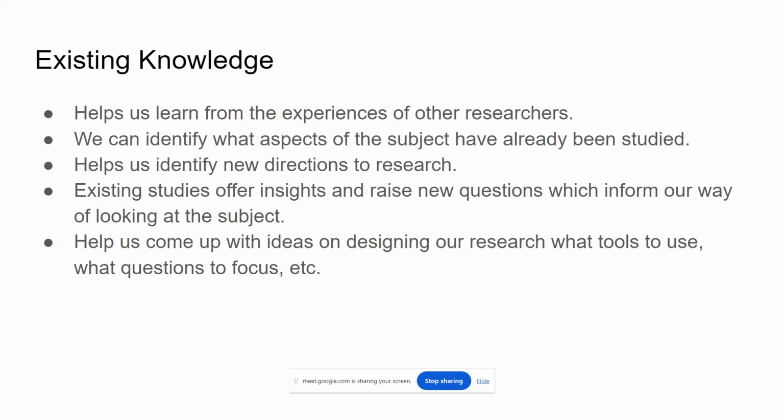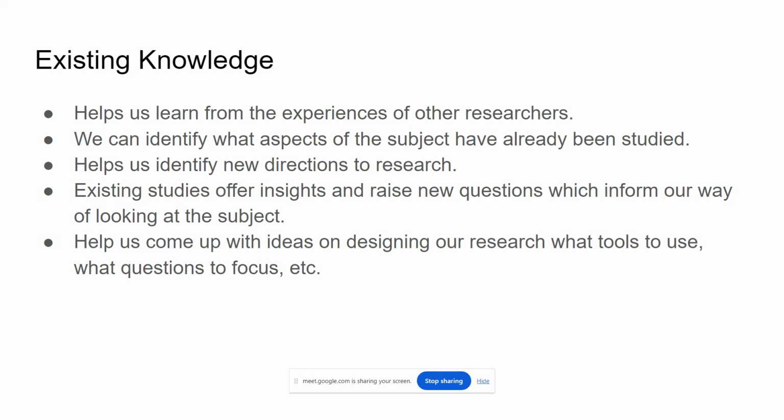And finally, it helps us come up with ideas on designing a research. So sometimes what happens is we have a research question, but we aren't sure how to go about it, right? We might be sure that we are doing an ethnography, but not sure how we should go about it.